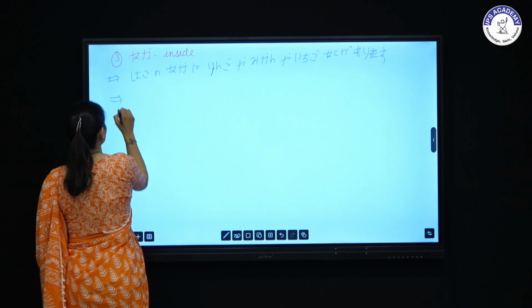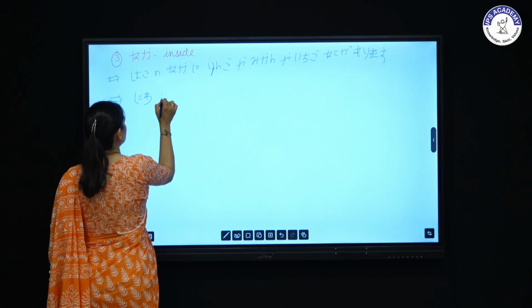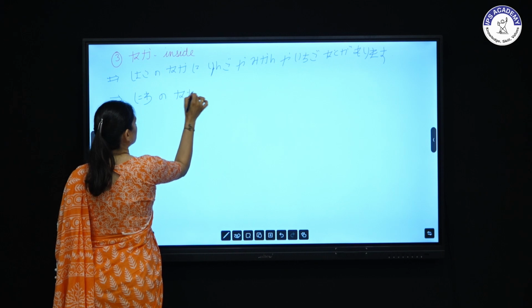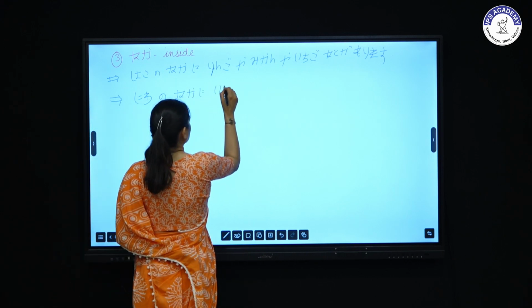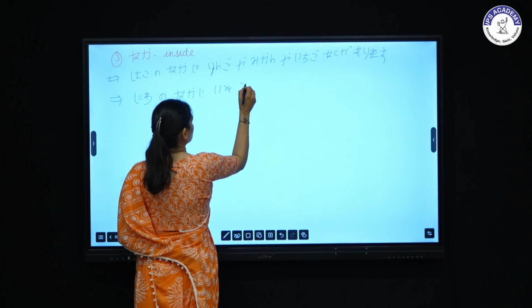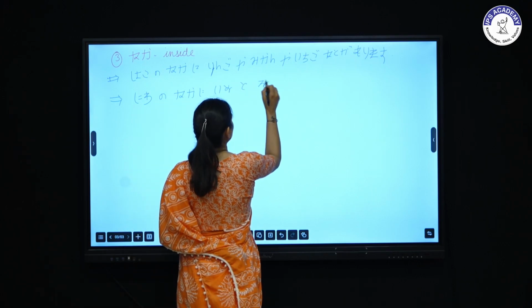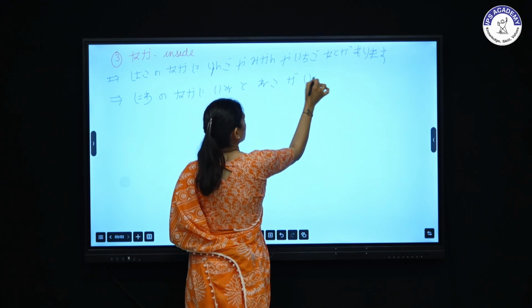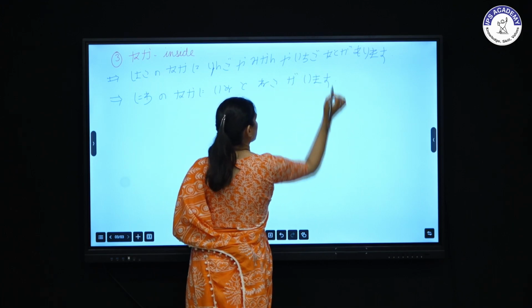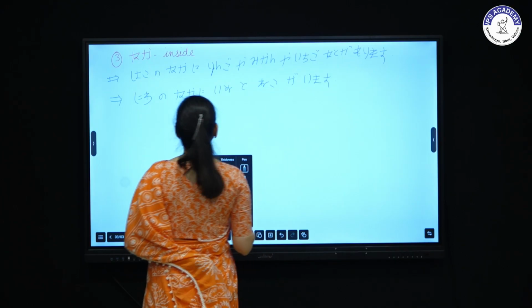Second one, niwa no naka ni inu to neko ga imasu. Fine.